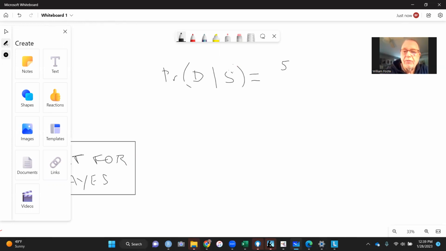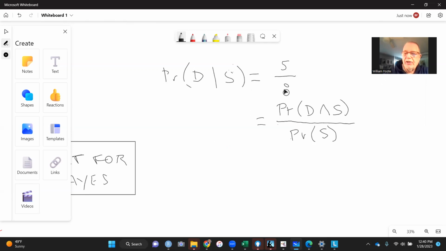Now, what was the 5? What was the 8? They were, in symbols, the number of ways associated with the probability of D and S, which, by the way, is the same as S and D. They are symmetrical. Per the probability of S.